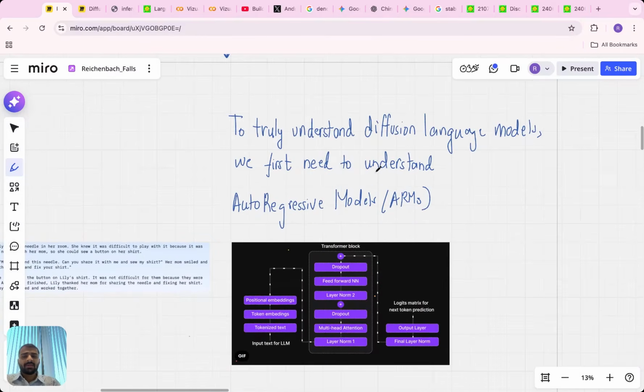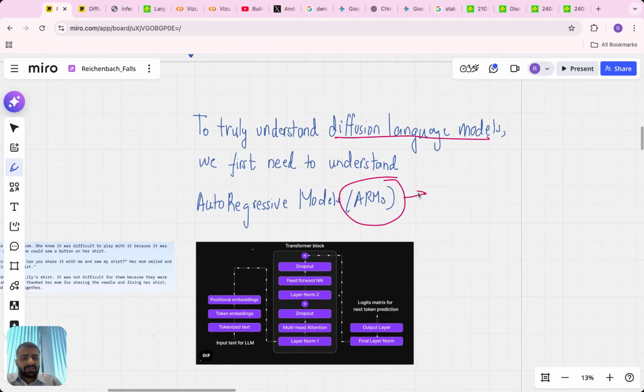To truly understand diffusion language models, we really need to understand how autoregressive models, or I may also call them traditional language models, are built from scratch.